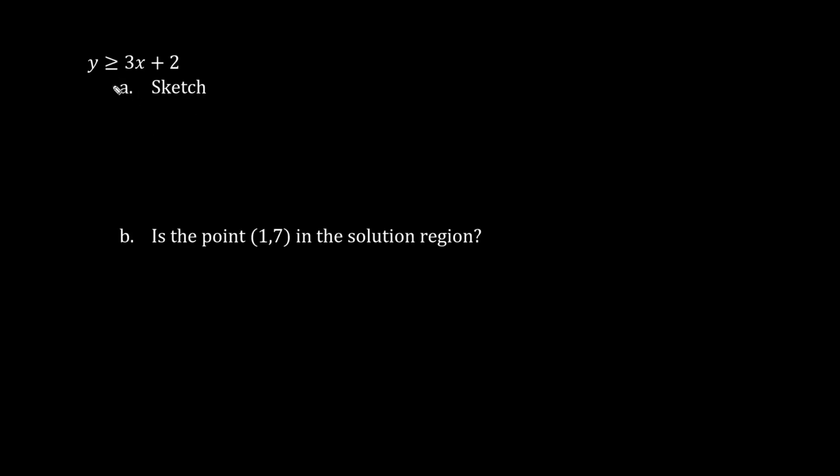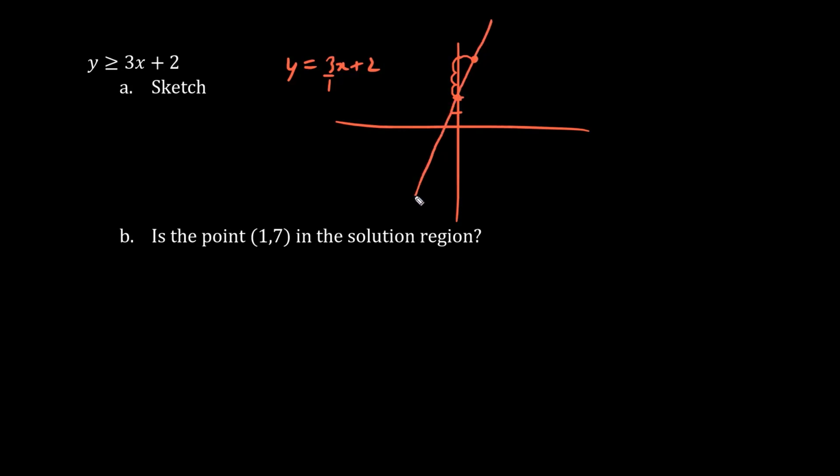Let's sketch this linear inequality statement. We know how to sketch y equals 3x plus 2. That would look like 2 up, and the slope is 3 over 1, which is up 3 and 1 to the right. So normally we just draw a line this way. Now when dealing with inequality statements, we're not just going to draw the line.